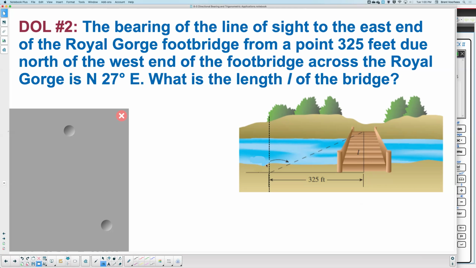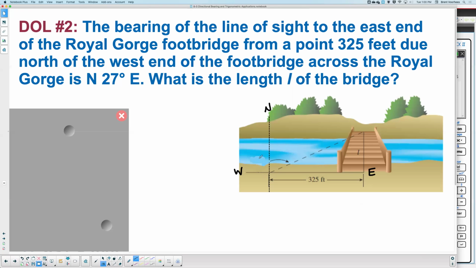When you see this dotted line going up, the reason they gave you that is because it represents north. That's telling you you start here. This is your north. Which way do east and west go? East is to the right.